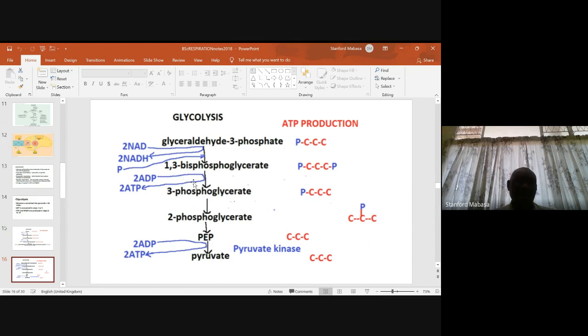And immediately after, we are also making 2 ATPs, and the last reaction also gives us 2 ATPs. So we could be producing 4 ATP plus 2 NADH using these last 5 steps of glycolysis.